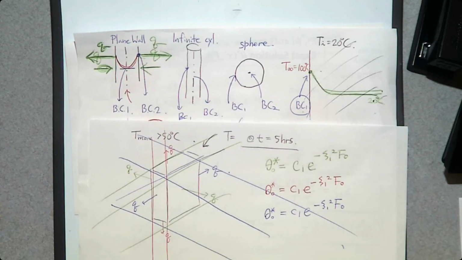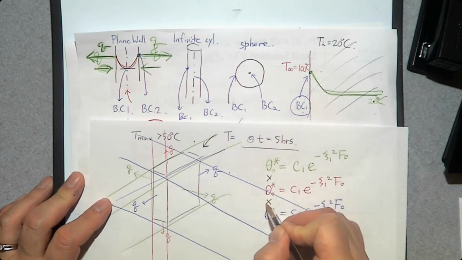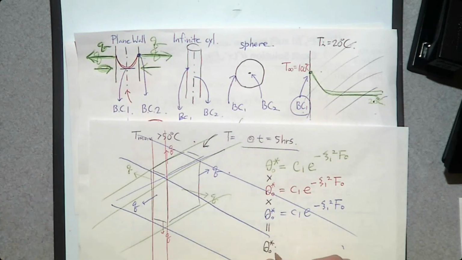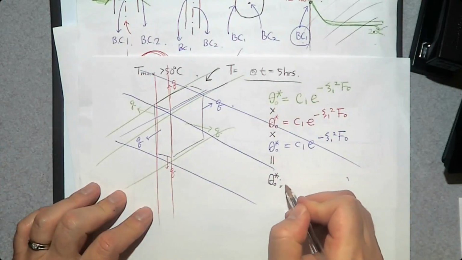Now you can multiply all these 3. Theta green multiplied by theta red multiplied by theta blue is going to be theta 0 star. This is not for a plane wall, but for this cube. That is for the cube.